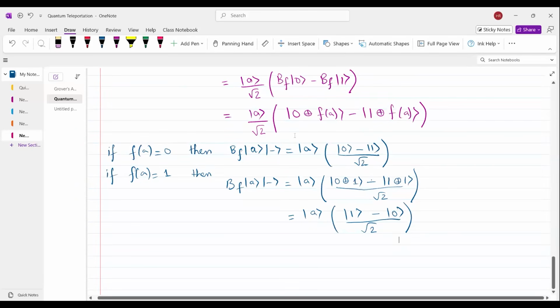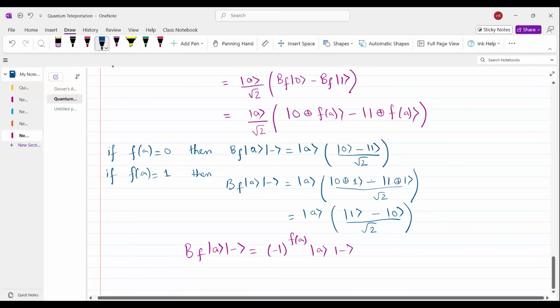So it has induced a phase over these two qubits. We can generalize these two cases, when f of a is equal to 0 and when f of a is equal to 1, and directly write it as the minus state.